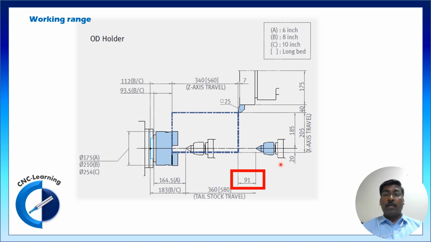Now when the tailstock is here in the maximum condition, there is 91 mm clearance, and the tailstock total movement is 360 mm.